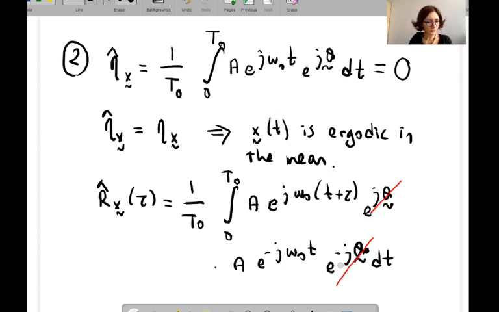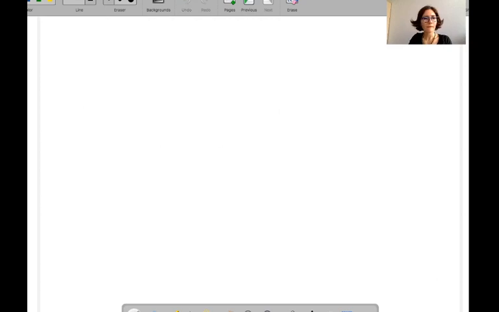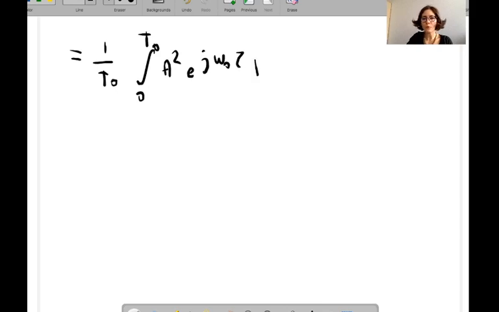So that when you evaluate the integral, you will have one over T0, 0 to T0, A squared e to the j omega 0 tau, but then, I'm sorry, not d tau, dt.